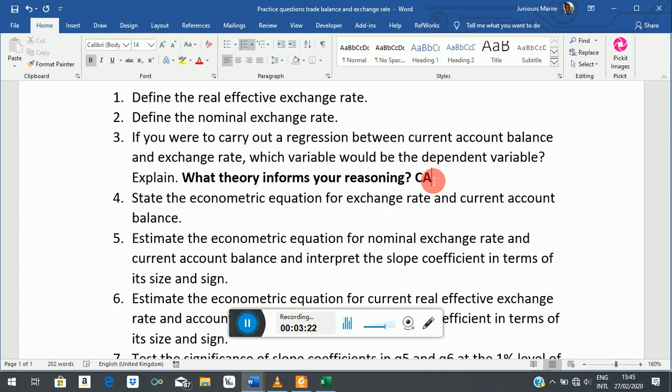Now, what we know is that our current account balance is the difference between exports and imports. But what determines the performance of exports? It is the exchange rate, which I shall call E, right? And what determines the behavior of imports?